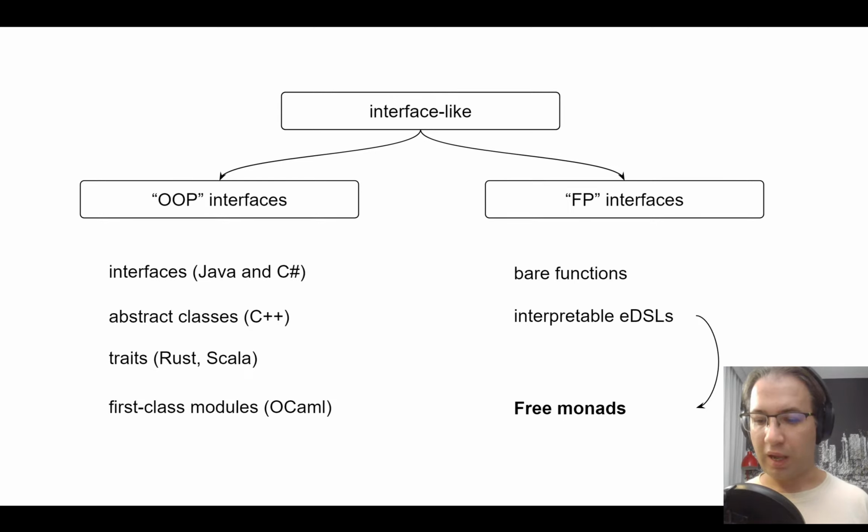But in my materials, I'm demonstrating that free monads are the most adequate and the most powerful analog of interfaces from Java and C#. Those interfaces are OOP-ish, object-oriented, while free monads are completely pure and functional.